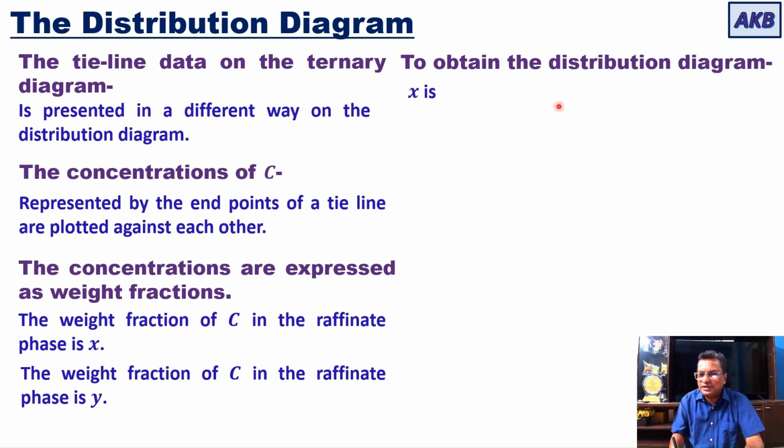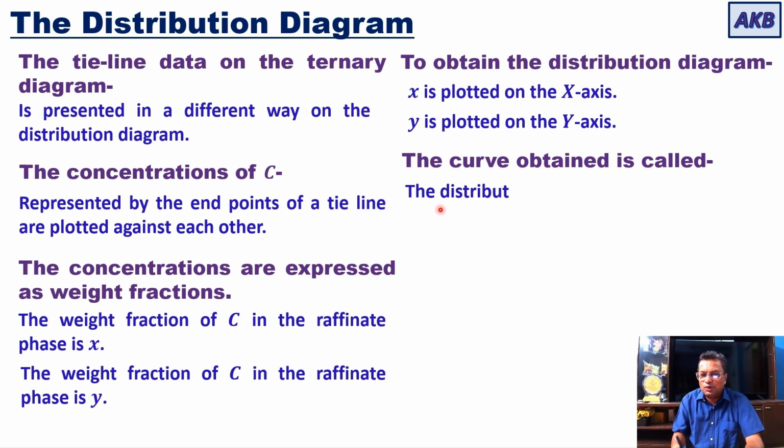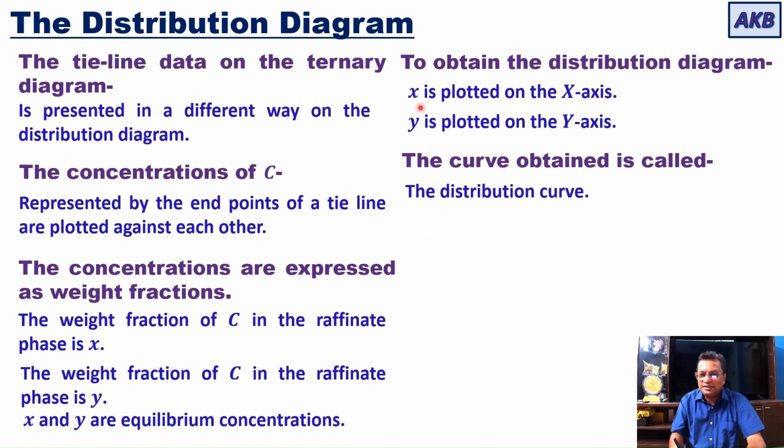Now, to obtain the distribution diagram, what is done? X, that is the weight fraction in the raffinate phase, is plotted on the x-axis, whereas Y, that is the weight fraction in the extract phase, is plotted on the y-axis. The curve obtained by plotting these two quantities, we call the distribution curve, and the diagram is called the distribution diagram.